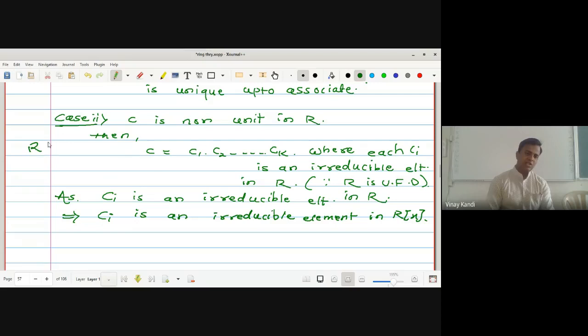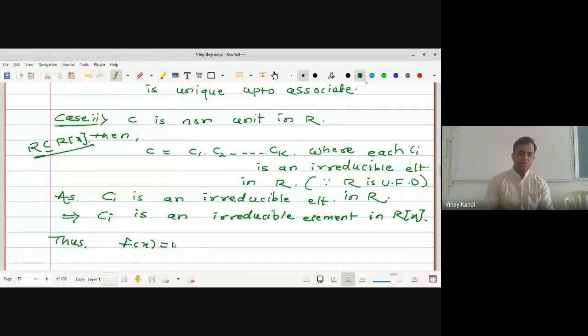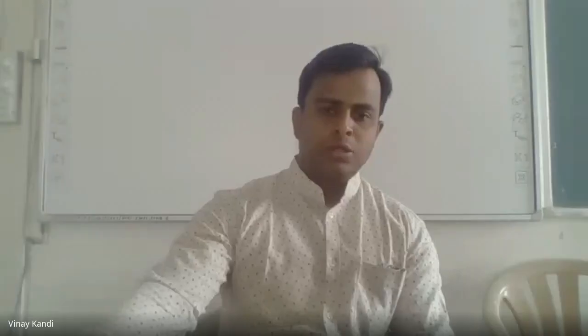Because R is contained in R of X. So Ci is an irreducible element in R of X. Thus, we can write f of X equal to, instead of C, C1 into C2 up to Ck into U1 of X, U2 of X, and so on.